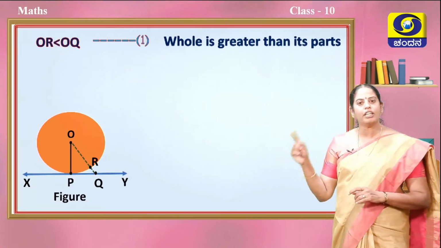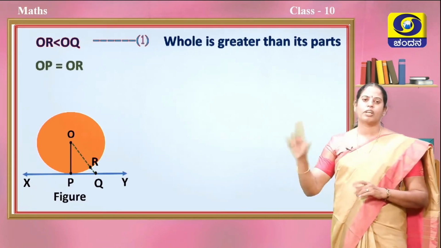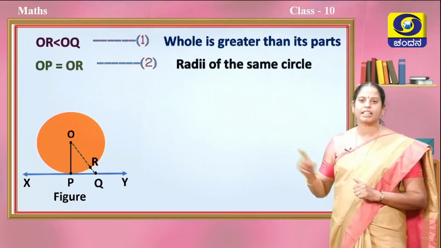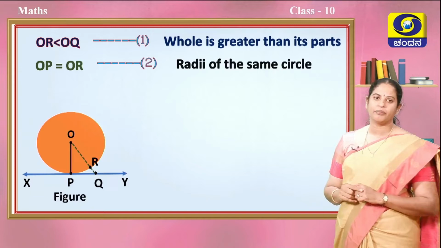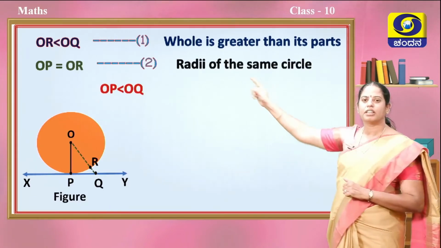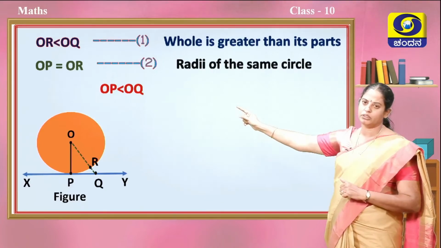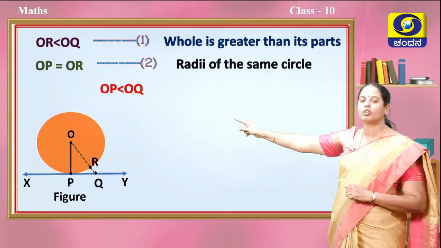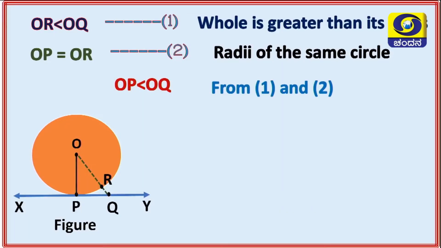But OR and OP are one and the same. Why? What is the reason? Yes, radii of the same circle. You can observe statements 1 and 2. By observing statements 1 and 2, we can draw the conclusion that OP is less than OQ.